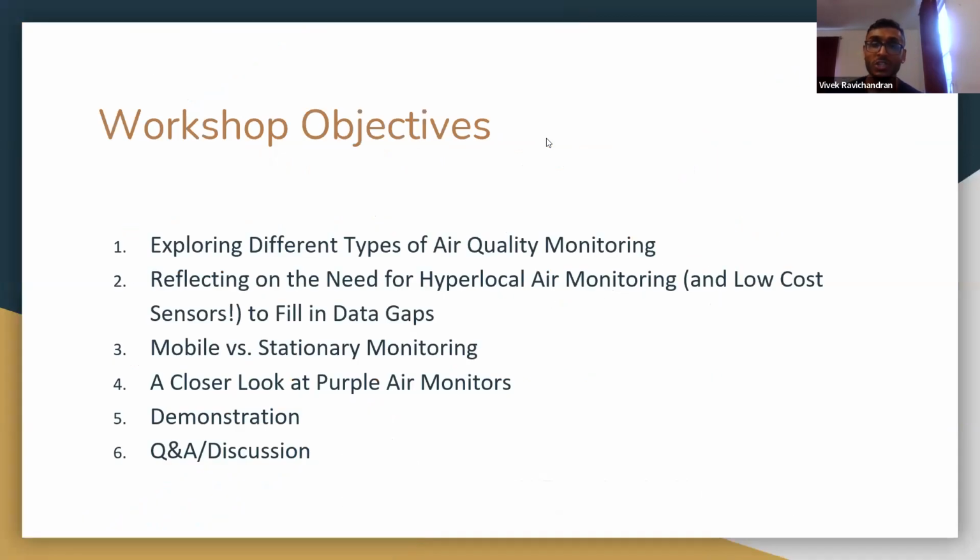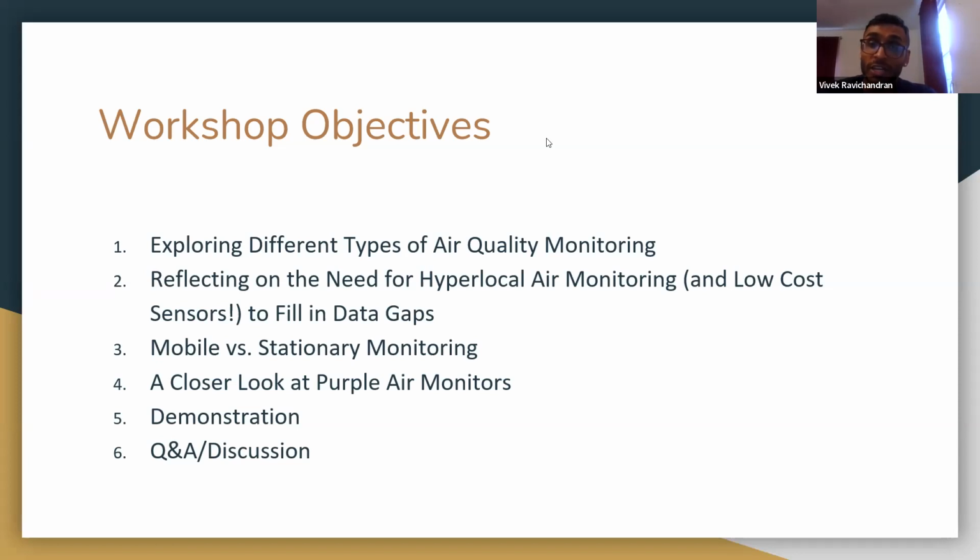So this workshop will take on the following steps. First, we'll talk about different types of air quality monitoring. You have regulatory monitors that the government agencies utilize, and then you have low-cost community science monitors as well. We'll then talk about the need for what we call hyperlocalized air monitoring to fill in data gaps that have been left behind by these government agencies.